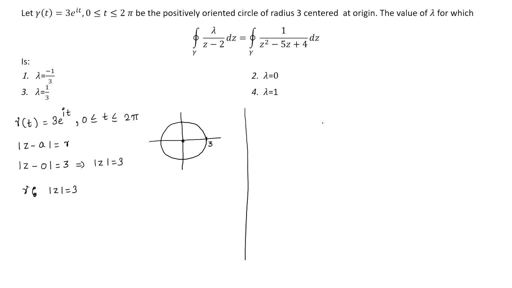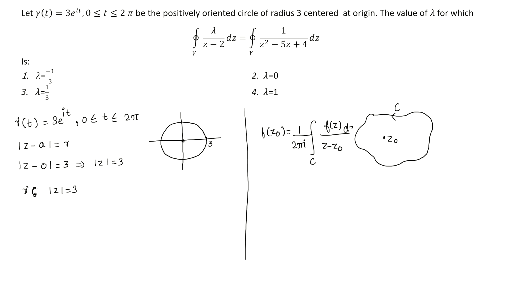Cauchy's integral formula says that if f of z is analytic inside and on a closed contour C which is oriented in positive direction, and if z0 is any point lying inside the closed contour C, then f of z0 is equal to 1 by 2 pi i integral over C f of z by z minus z0 dz.